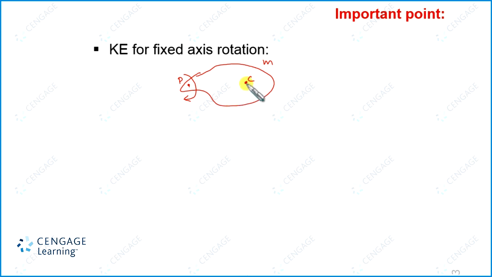The weight of this body will act through this point and the velocity of the center of mass, say, is Vc. This is omega. The distance of P and C is small r. Now we can make the relationship between Vc and omega and r. We can write Vc equal to omega multiplied by r, right?